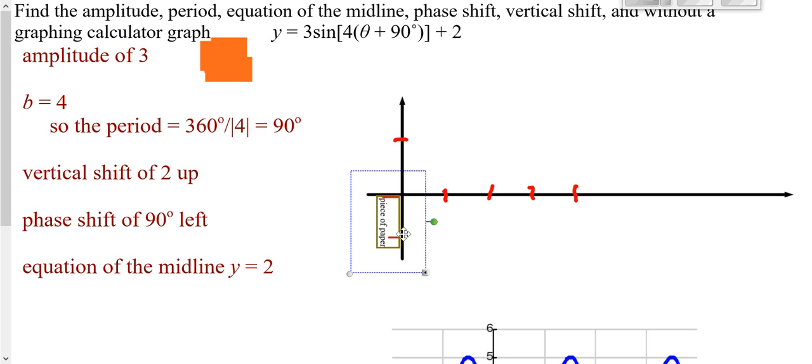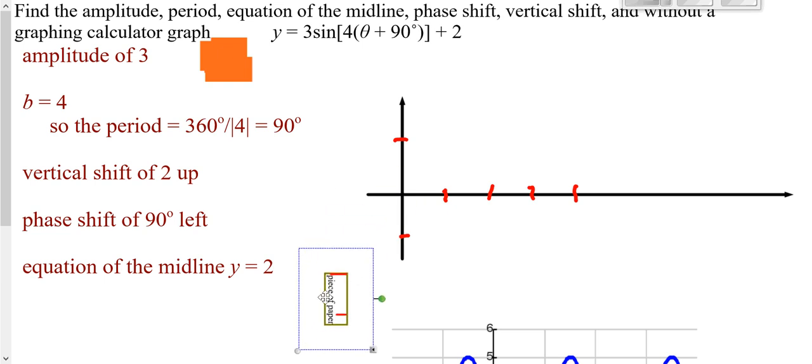Then you have to remember, we'll get this moved out of here for now. You have to remember that when we're dealing with sine, it starts at the origin. So you put a mark here, and then at your fourth tick mark, you're at the same place. Halfway in between the first two, your first tick mark is where you're at your top. So I put that mark there. Halfway in between the last two, that third tick mark, that's where you're at the bottom.